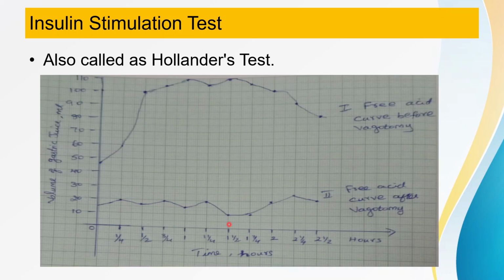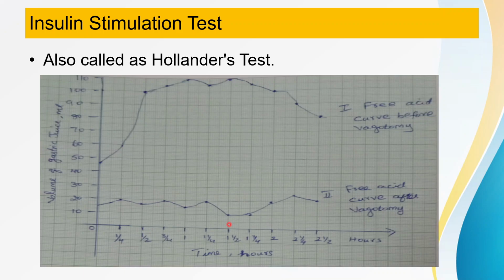After collecting the gastric residuum, that is the resting gastric juice, insulin should be given subcutaneously at the level of 0.1 to 0.2 unit per kg weight. This level of insulin should be given to the patient.